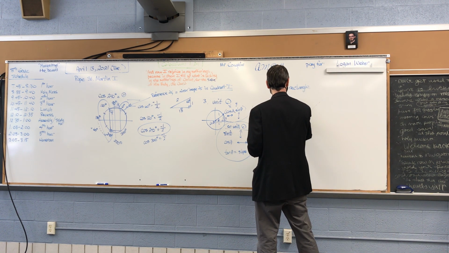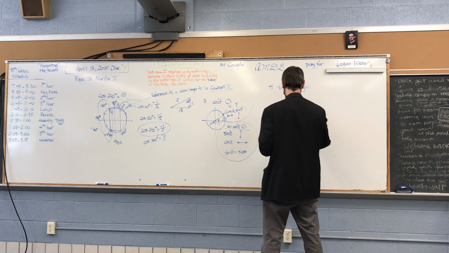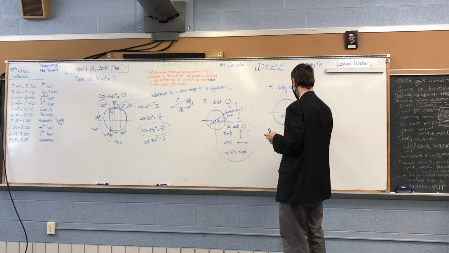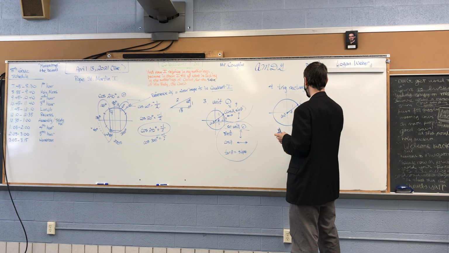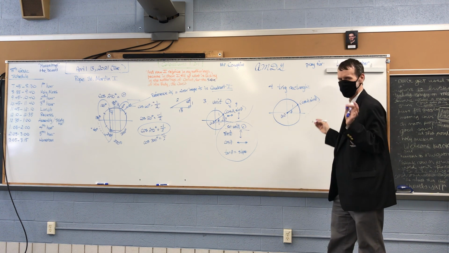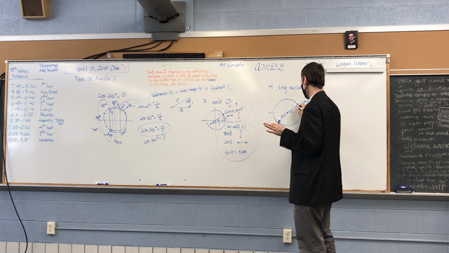So you have to draw all 4 parts. That means you have to know the 4 parts. The center, 0, 0. The radius is 1. The angle is theta underneath. And then the coordinates are cosine of theta, sine of theta. That's a unit circle. We have not drawn the trig rectangle yet.